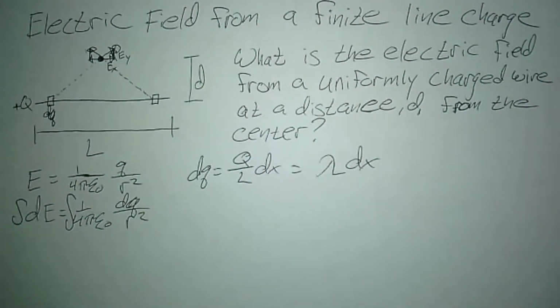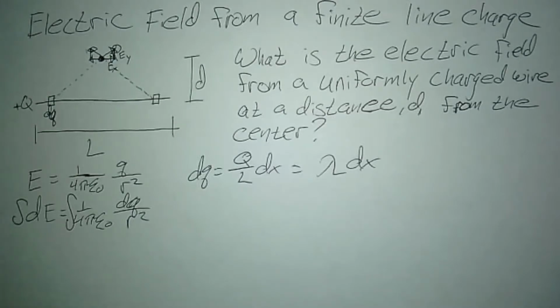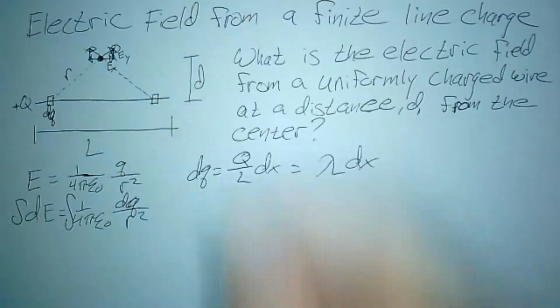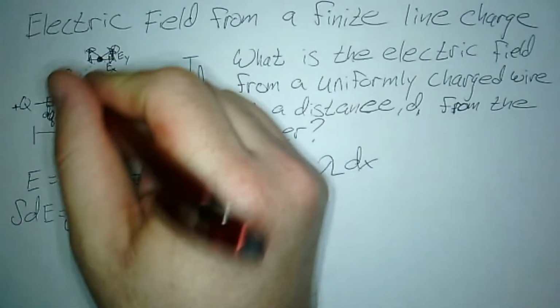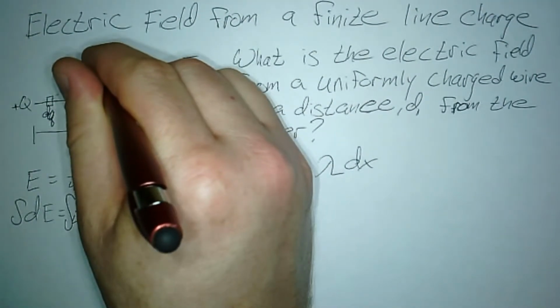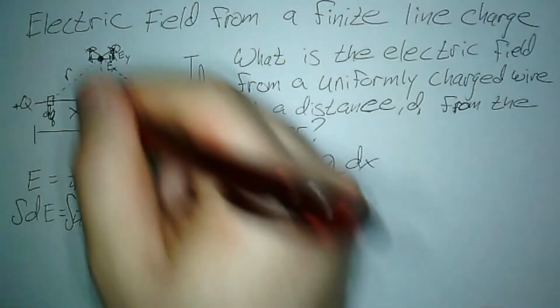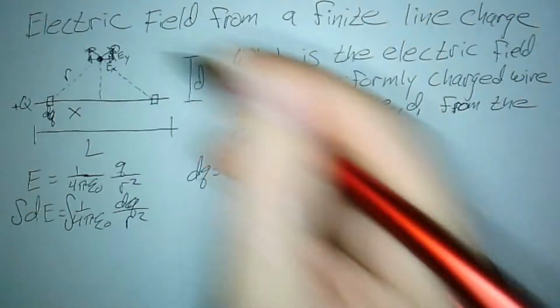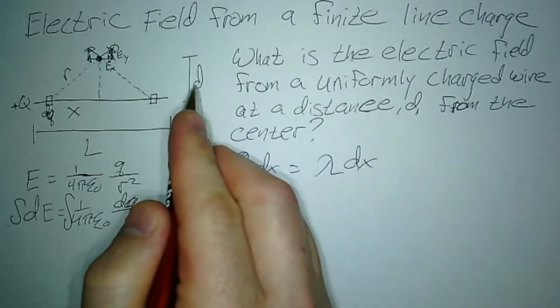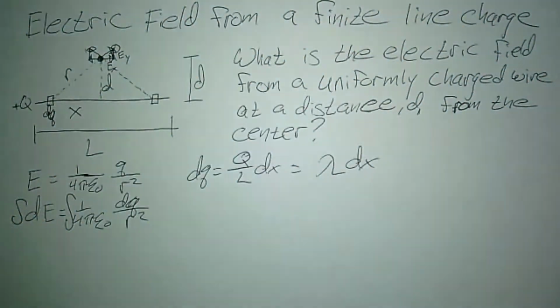We'll use that. Now, r in this case is going to be the hypotenuse of this triangle, right? So if I draw this triangle here, this side will be x, this side is y, or d in this case, so I'll put d here.